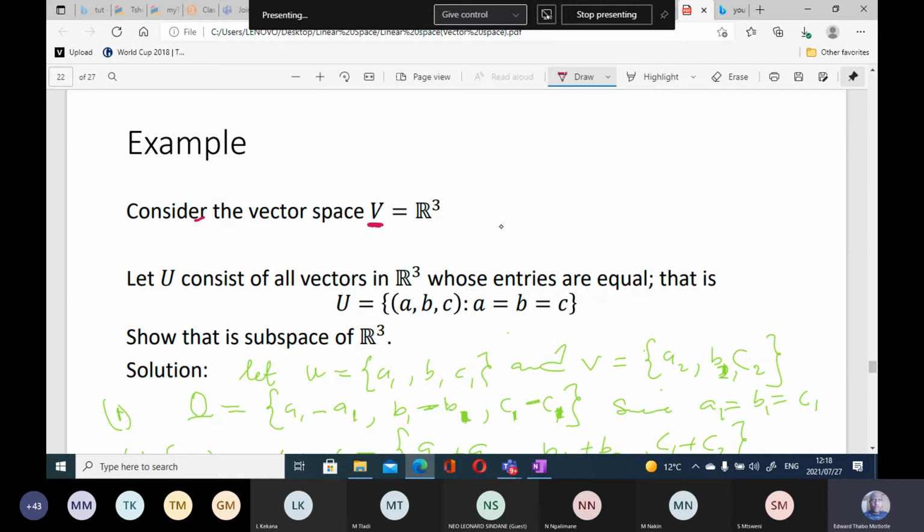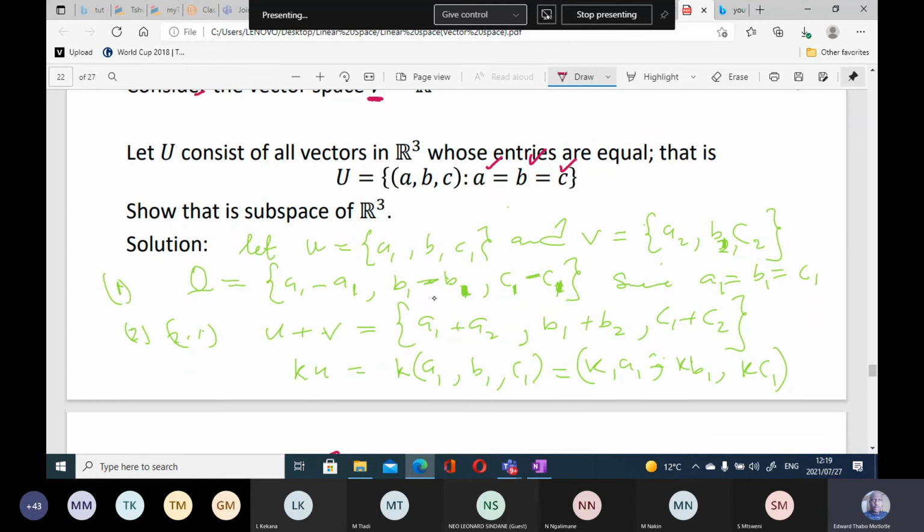So this set is U, which consists of this family of vectors. One of them can be 1, 1, 1 and another maybe 2, 2, 2. So those are equal, like you see, a equals b equals c.